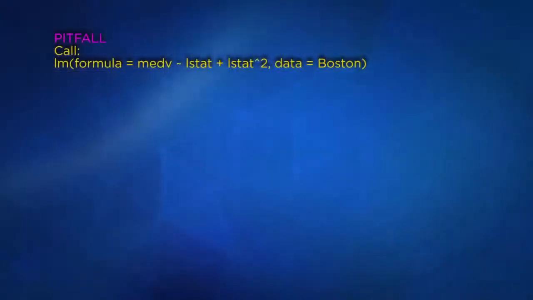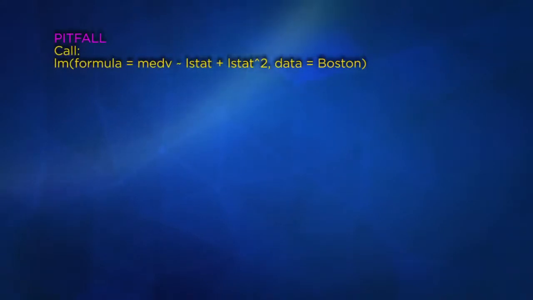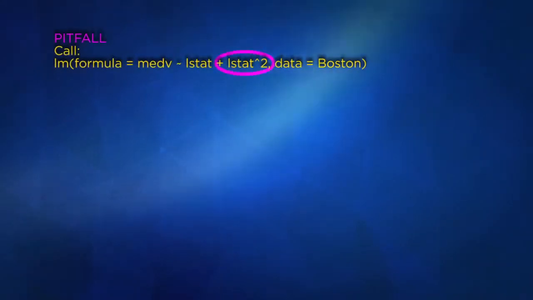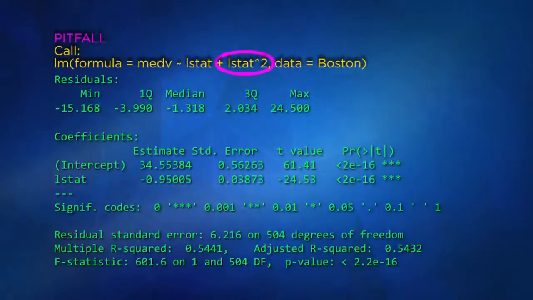Now, you'll notice we had to use that indicator function, I, of LSTAT squared, to square the variable. But that's not really intuitive. In fact, what happens if we just forget that? If we just put in LSTAT squared, what does R do if we leave off the indicator? Well, here we've now modeled median house price on LSTAT and just LSTAT squared without the indicator function.